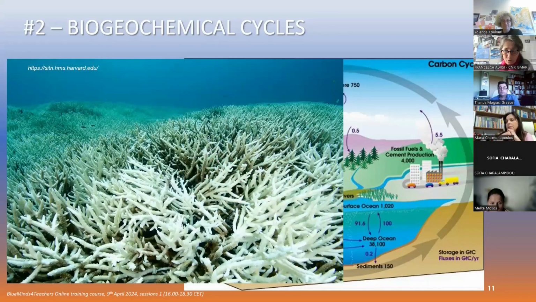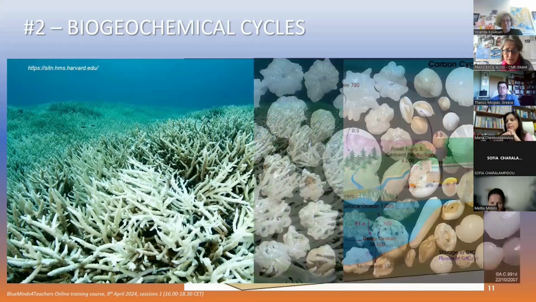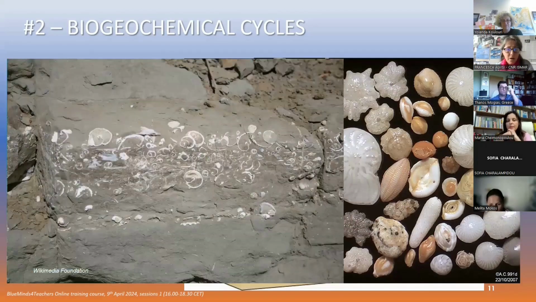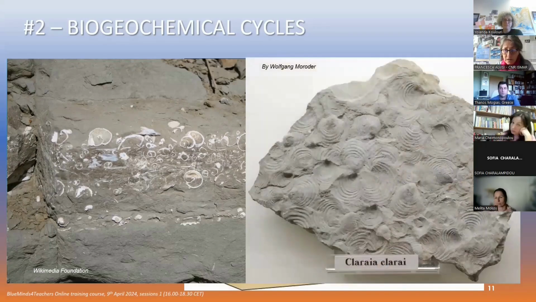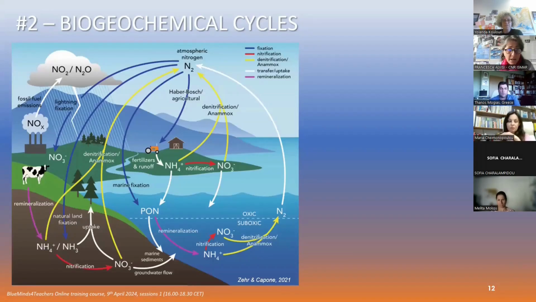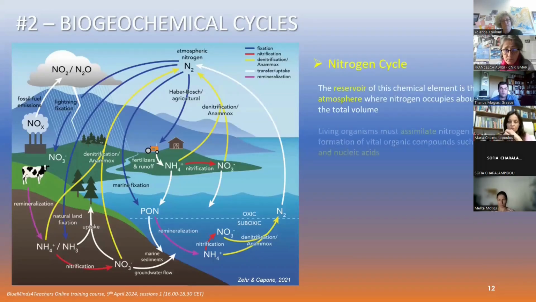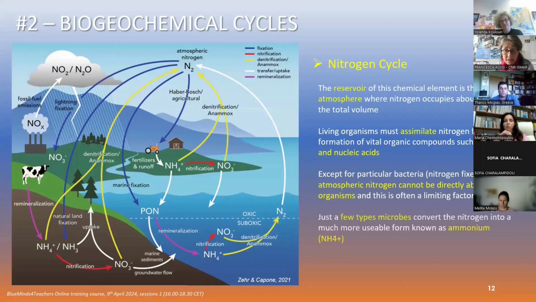Some examples of carbon reservoirs are corals or shells, but also fossils. When they become stones or part of the stones, they are again a reservoir of carbon. And here again, the nitrogen cycle has to do with an element for which it is important to remember that nitrogen cannot be fixed directly from the atmosphere by the organisms, but we need particular bacteria.